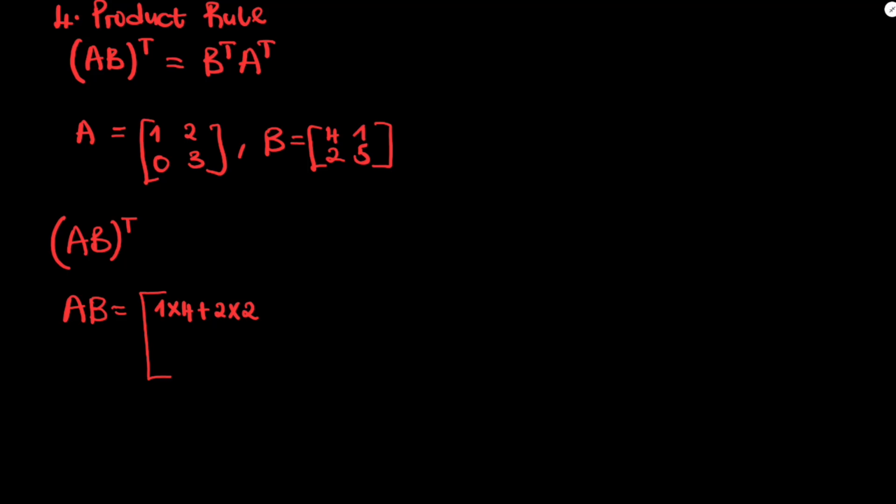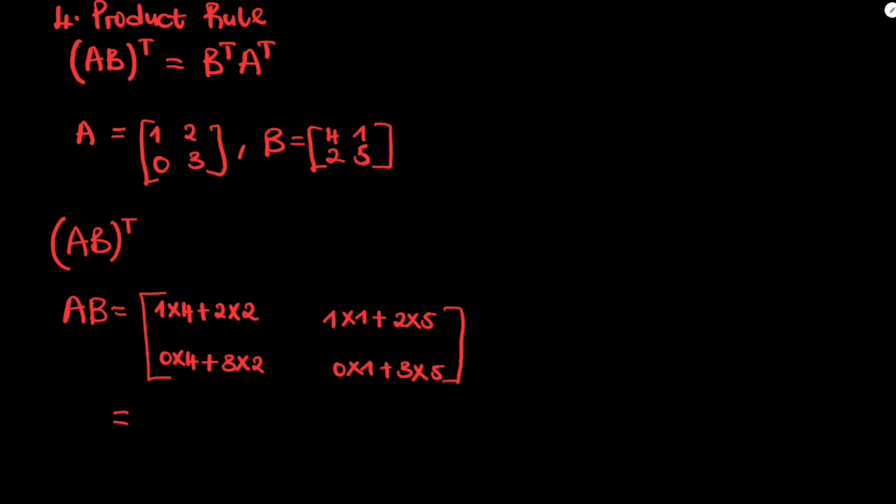That gives the first element. We have 1 times 1 plus 2 times 5. That is second. 0 times 4 plus 3 times 2. And then we have 0 times 1 plus 3 times 5.